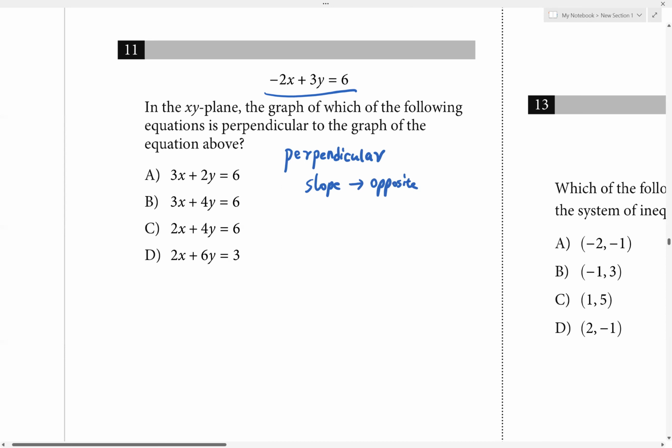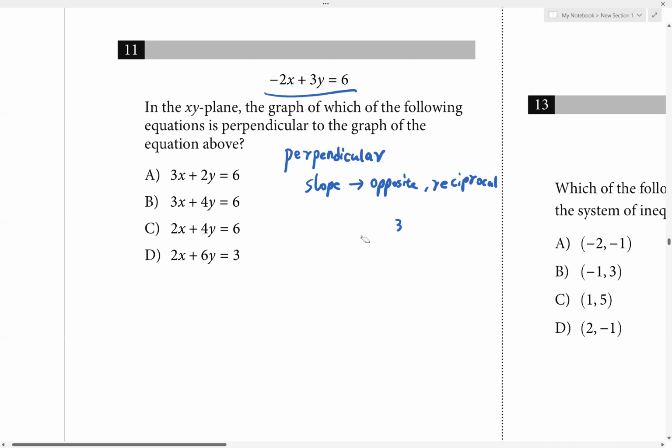Opposite means if you have a positive slope, the other one should be negative, and if you have a negative, the other one should be positive, vice versa. The reciprocal means we have to flip the fraction. So if we have positive 2/3 as one slope, then the opposite reciprocal will be negative 3/2.